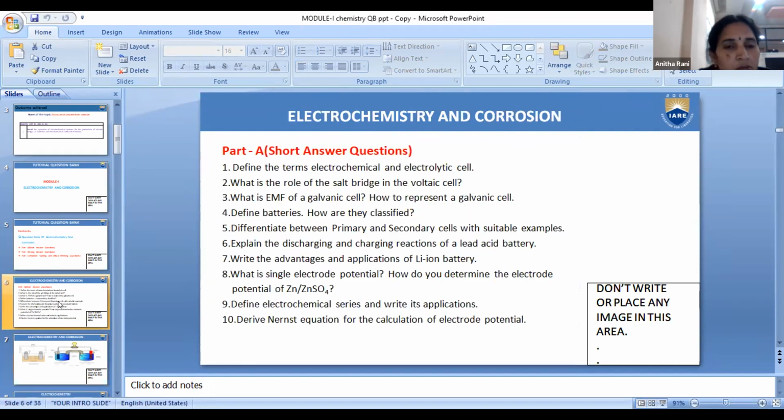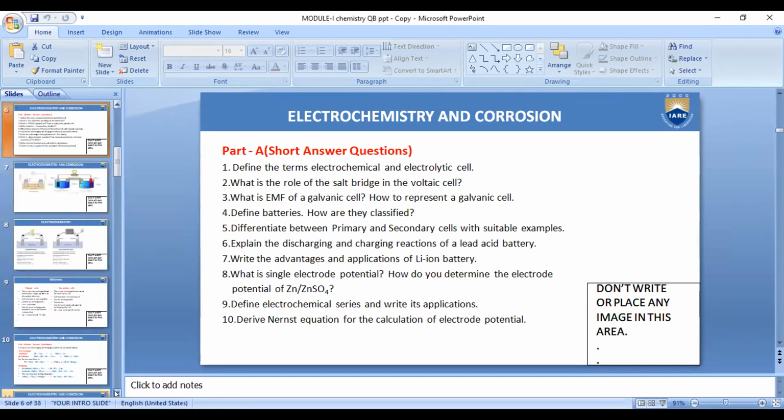You will connect to a voltmeter, the standard hydrogen electrode and the zinc electrode, both half cells. You connect them to the voltmeter, and the zinc sulfate solution and the HCl solution in the hydrogen electrode are connected with a salt bridge. Then you can find out the electrode potential of zinc.